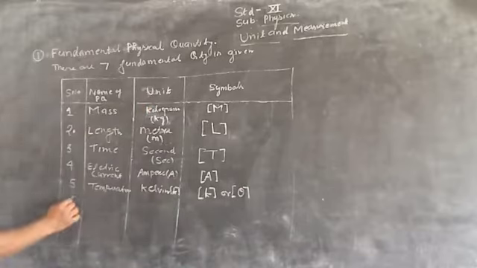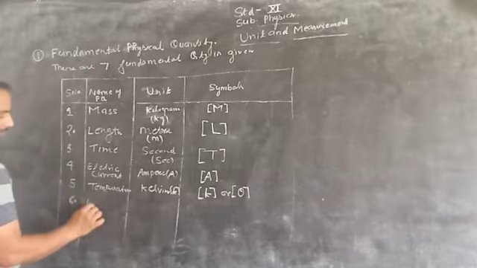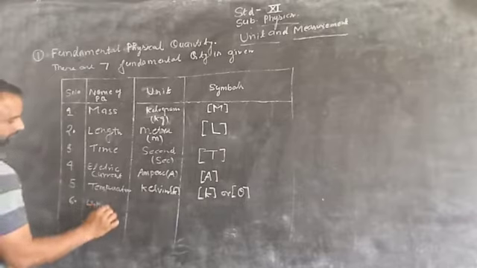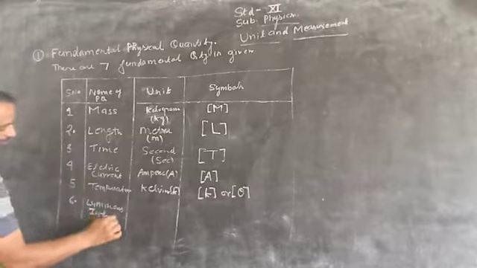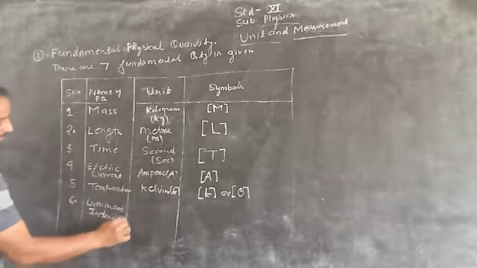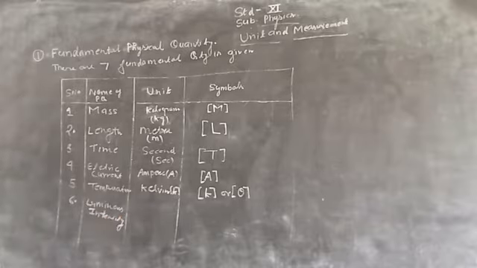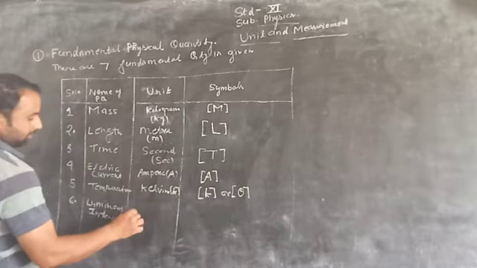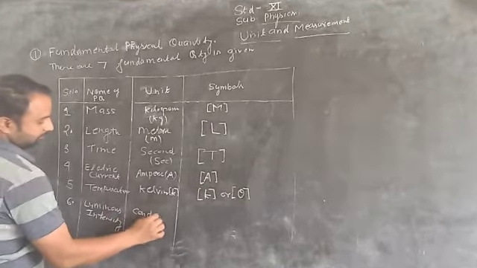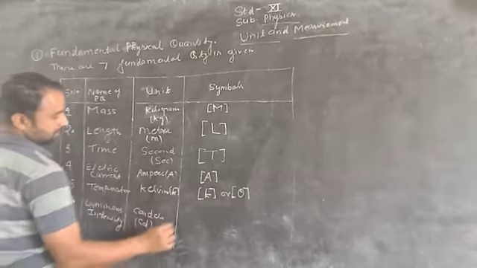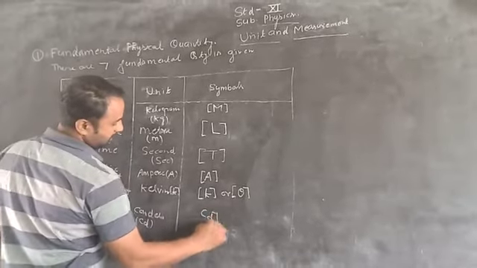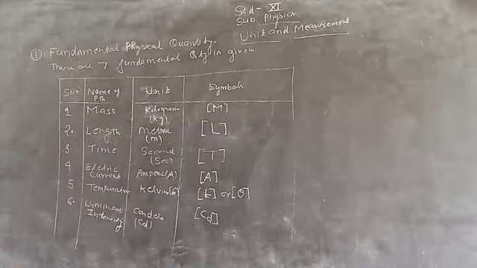The sixth fundamental quantity is luminous intensity. Luminous intensity is measured in candela and represented as cd. The symbol which we are using here for candela is cd.